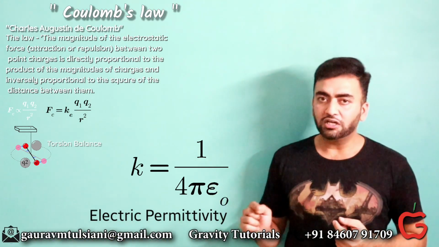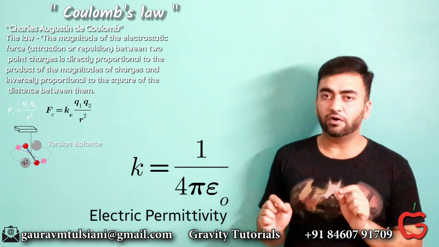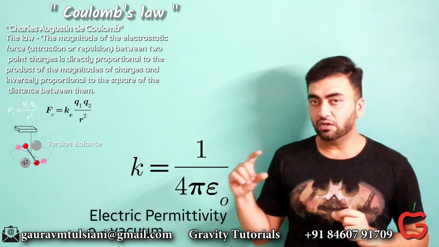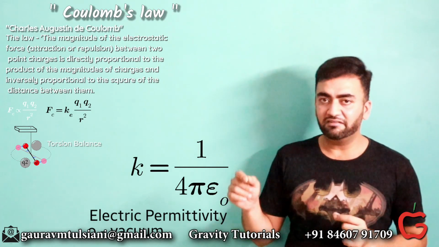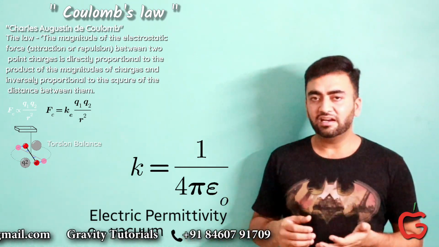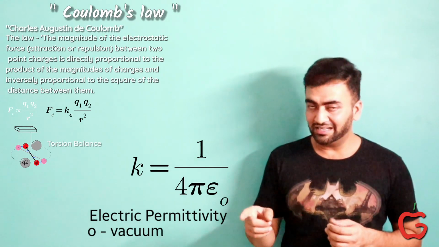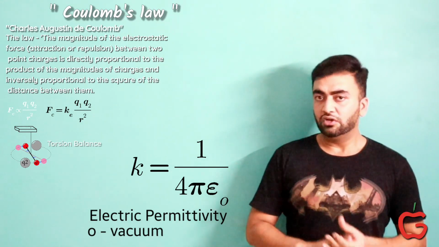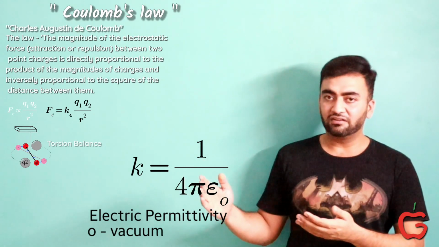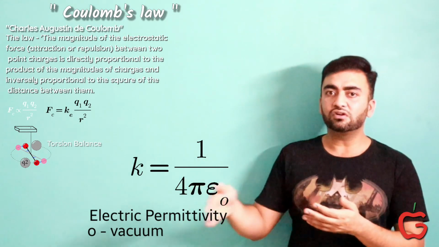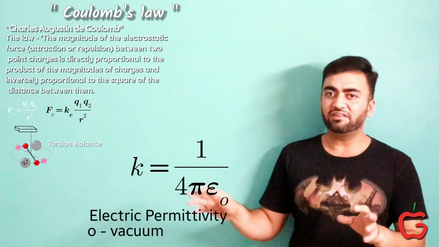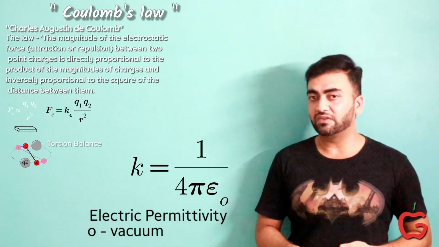The epsilon naught, the 0 subscript stands for vacuum, so epsilon naught is the electric permittivity of vacuum. Similarly, we may take epsilon W, EW, which would be the electric permittivity of water. So the constant K was found to consist of these further constants. 4 pi are constants everywhere, but epsilon changes with medium.